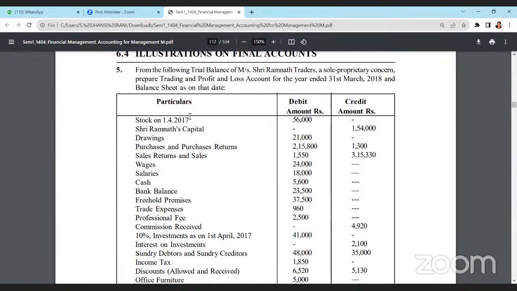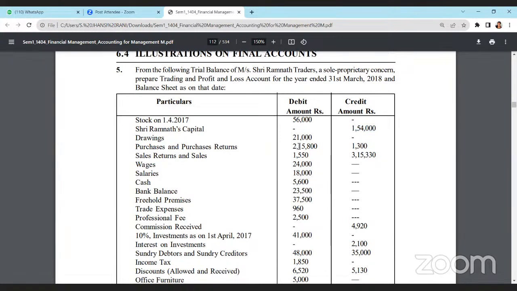Opening stock is written on the trading account debit side. Next, Ramnath's capital. Capital is written on the balance sheet liability side. Next, drawings. Drawings are taken on the balance sheet liability side, deducted from capital.